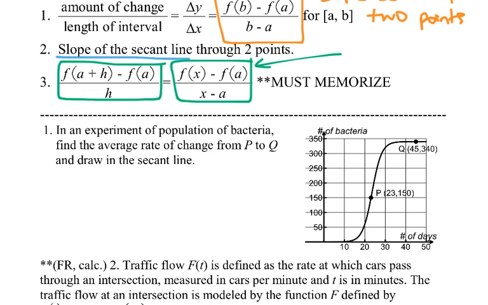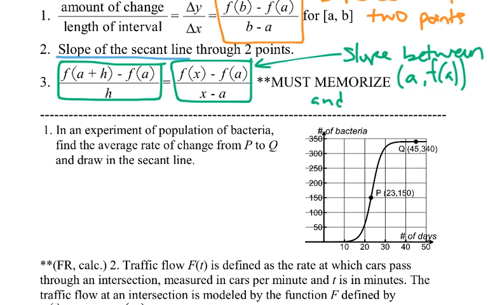Basically, this equation is the slope between a point, a comma f of a, and any other point on f of x.